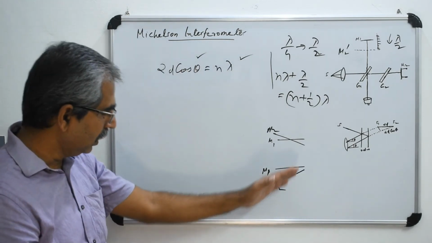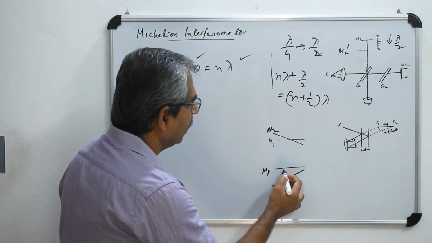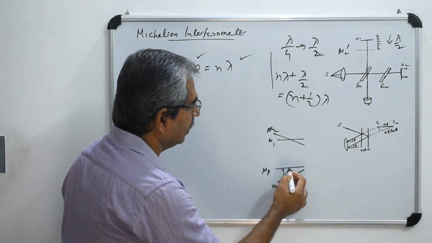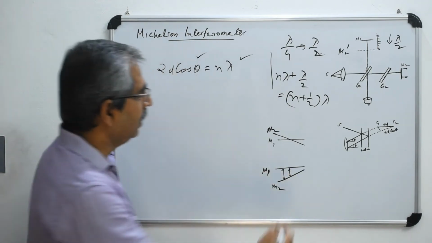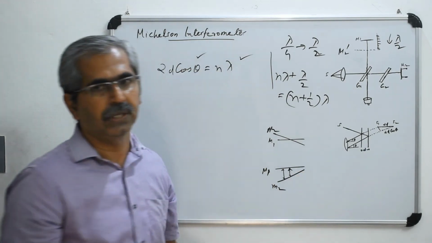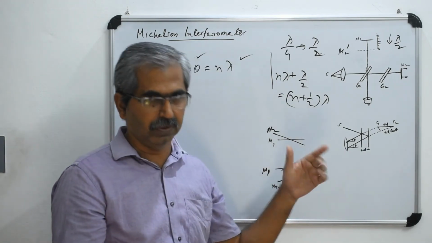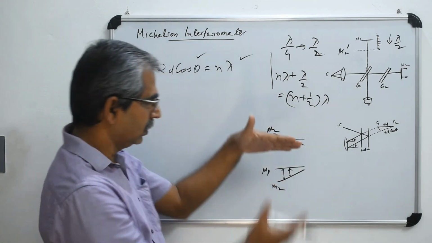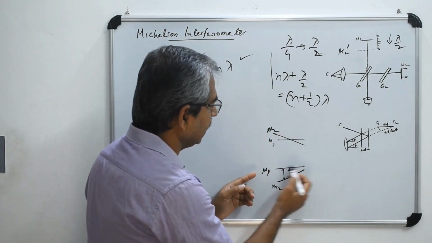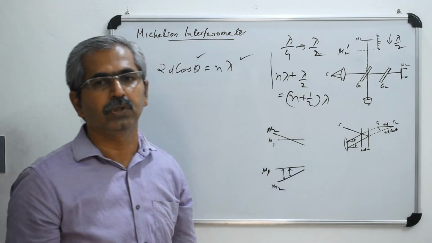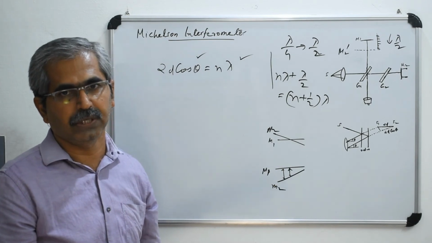Okay. So in this case, what about the air film or the gap between these two? That will be similar to the case of air wedge, which we have already studied. Okay, so this is an air wedge, isn't it? A wedge-shaped air film. So what will be the interference pattern that is obtained?